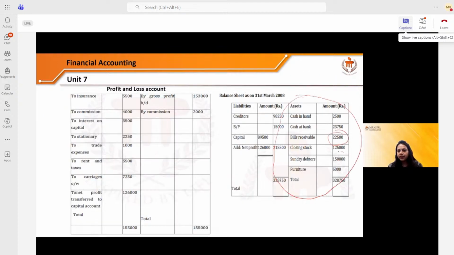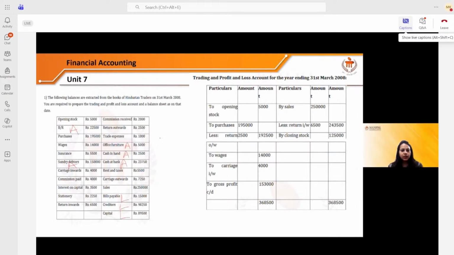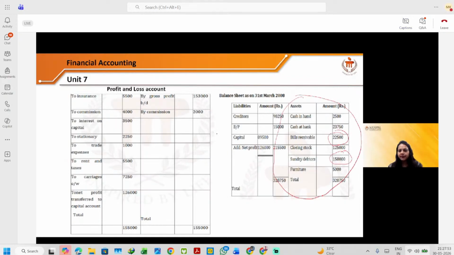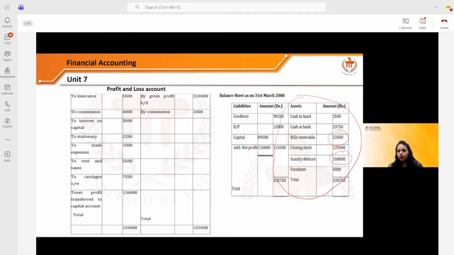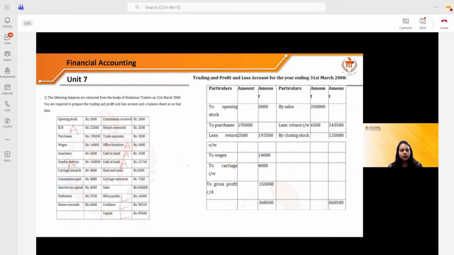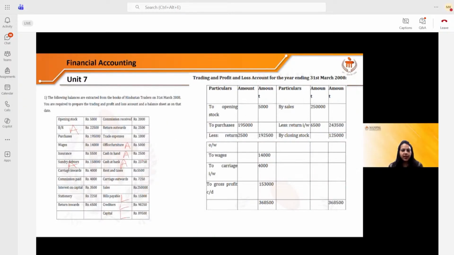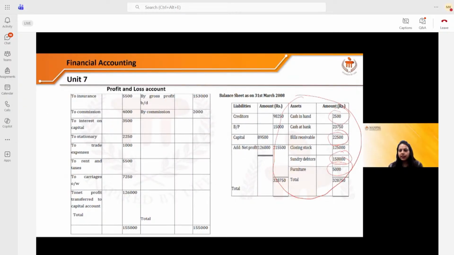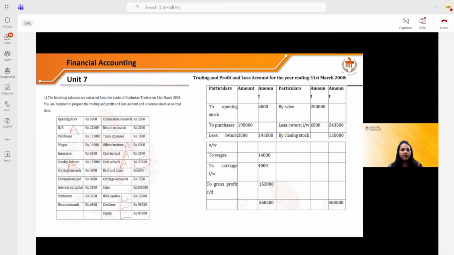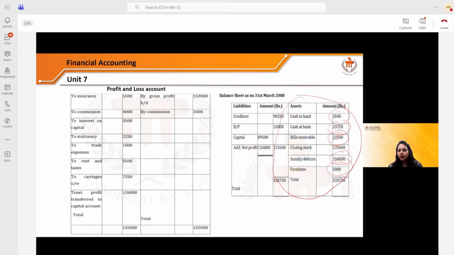Office furniture 5,000. Cash in hand 2,500. Cash at bank 23,750. So I have written all the assets. Closing stock 1,25,000, which was missed in this. So the assets have been done.